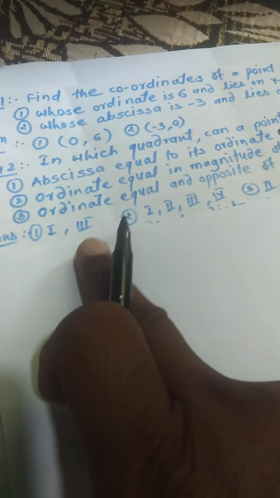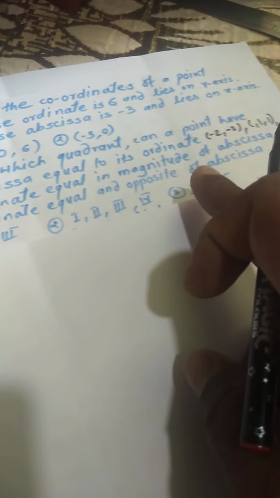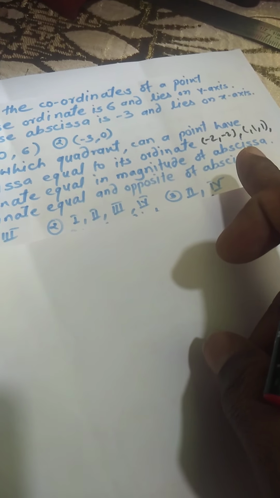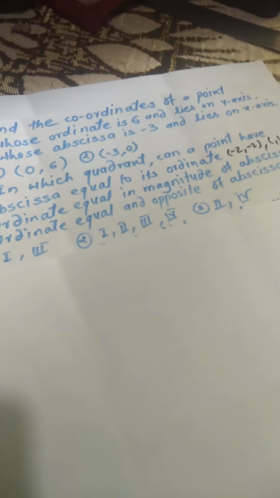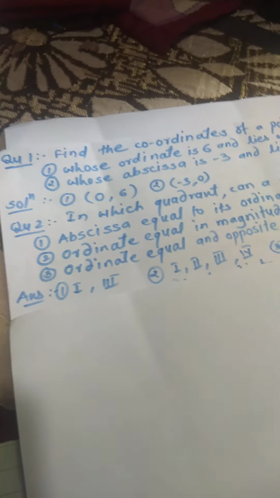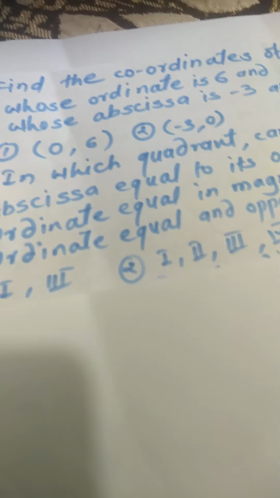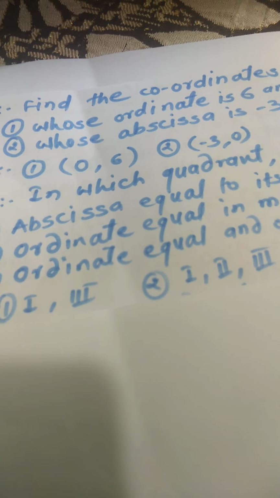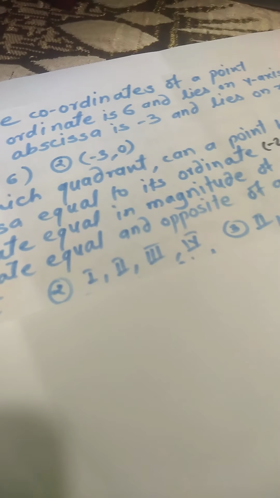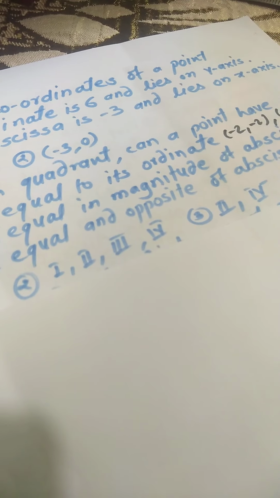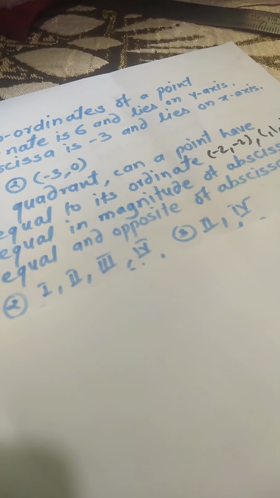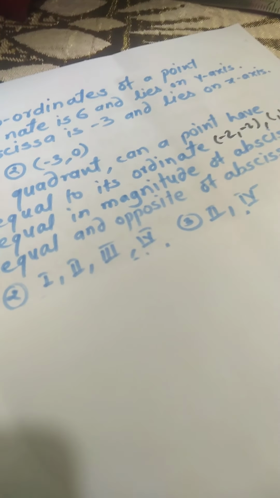Clear, student? Now, ordinate equal to the magnitude of its abscissa. Ordinate means y coordinate. If you take the abscissa -3, the magnitude of -3 is 3, so the point is (-3, 3).